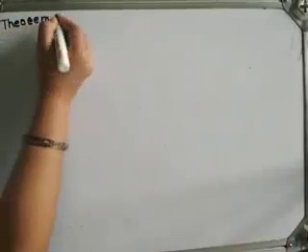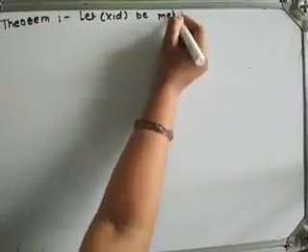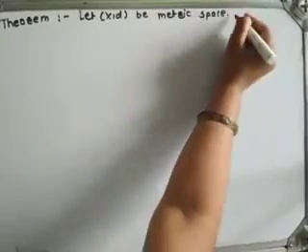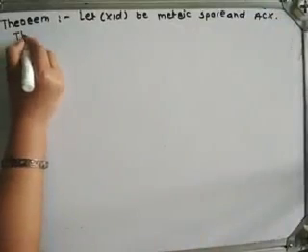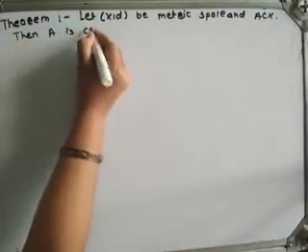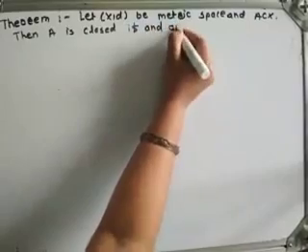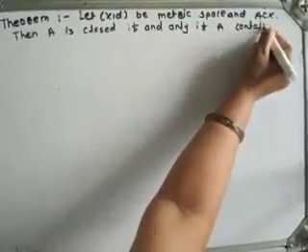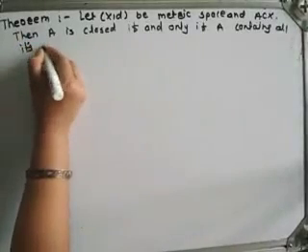Let us see one theorem. Let (X, d) be a metric space and A is a subset of X. Then A is closed if and only if A contains all its limit points.